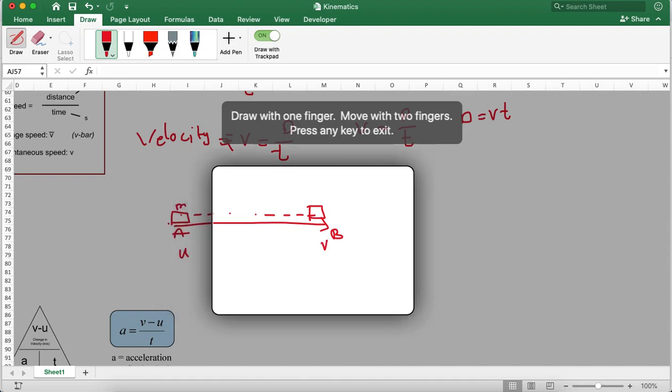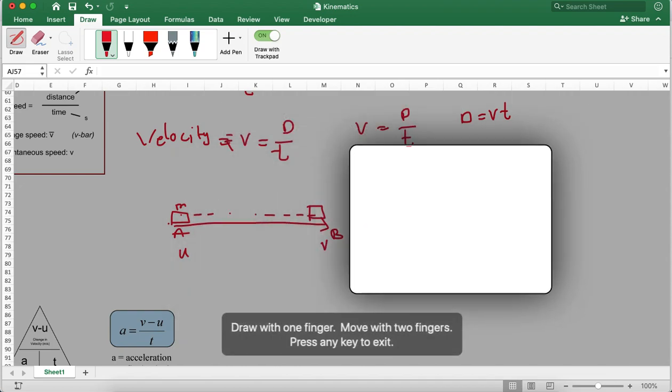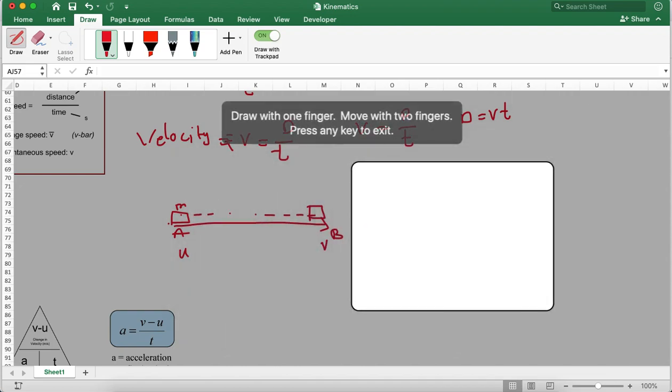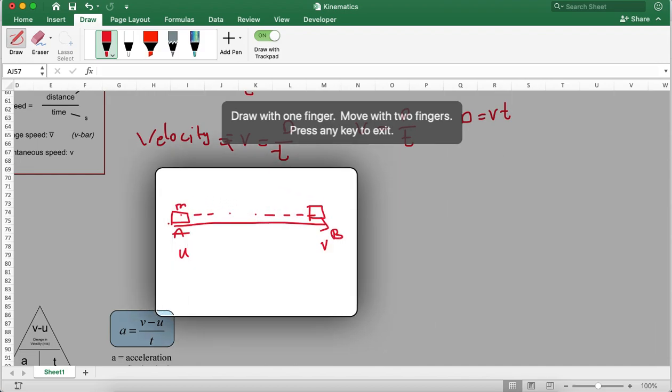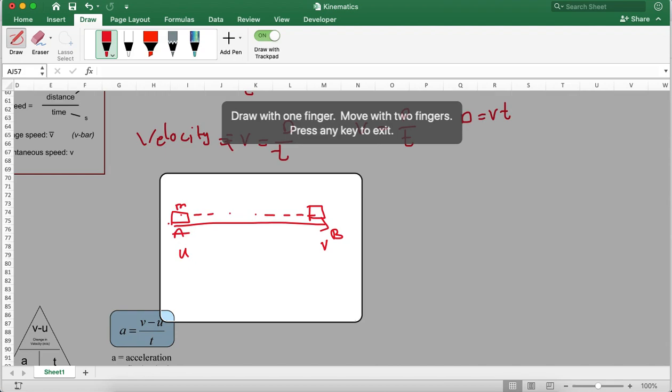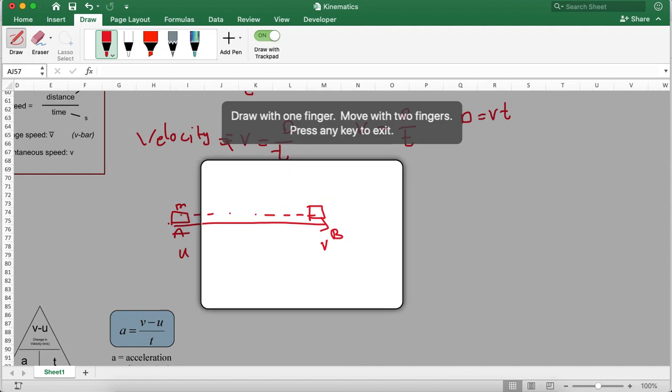Usually the initial velocity is represented with a small u and the final velocity with a small v. So the object started from point A with initial velocity u, and after reaching point B, the final velocity is v.